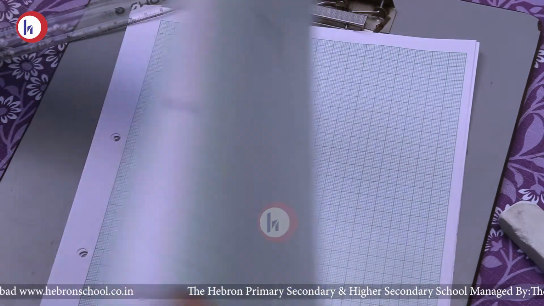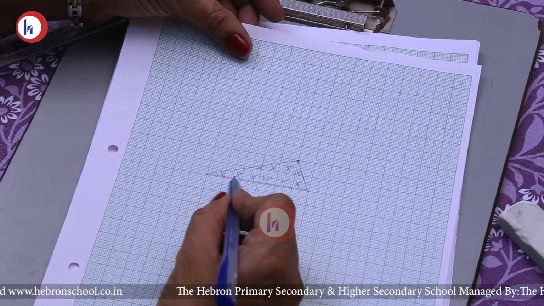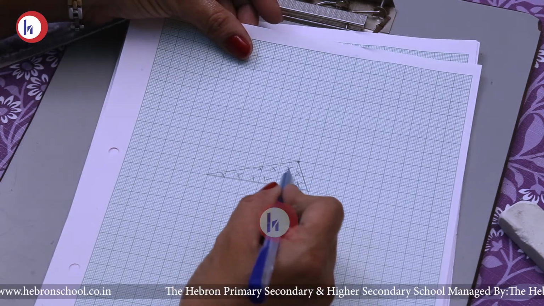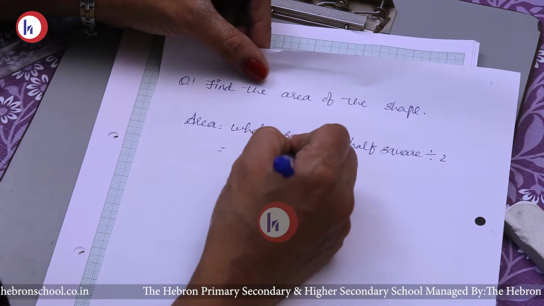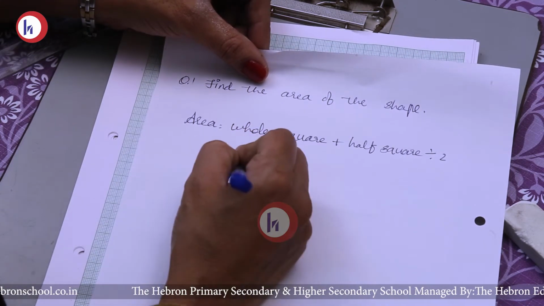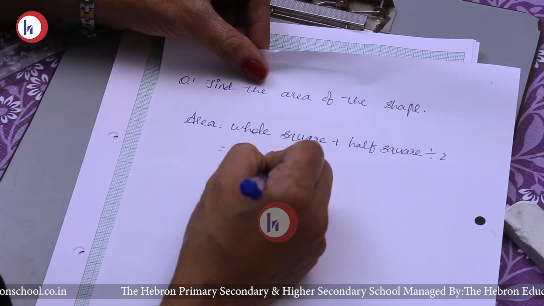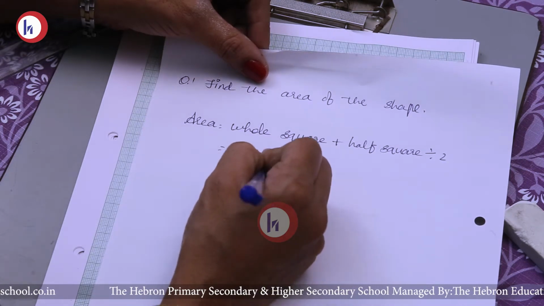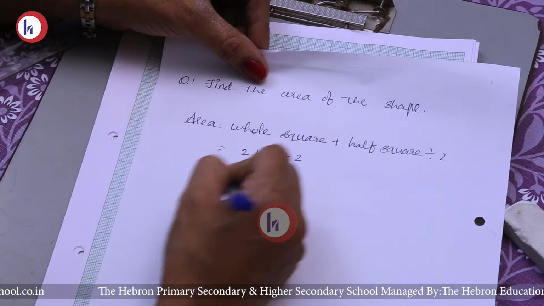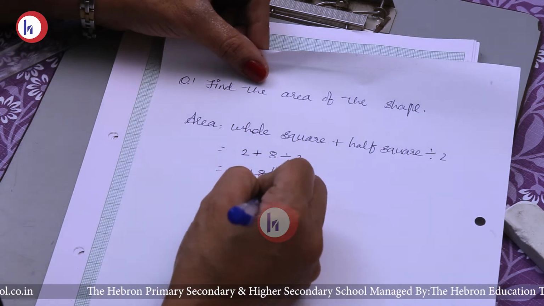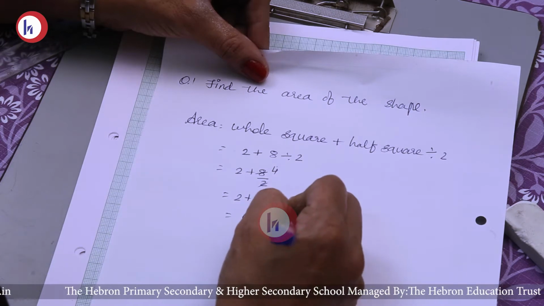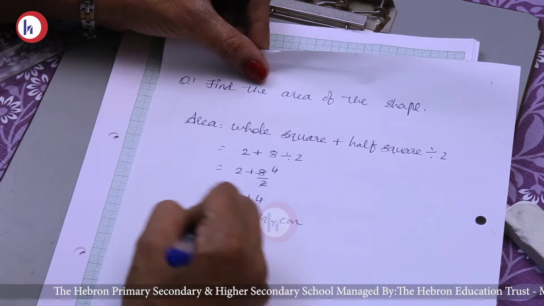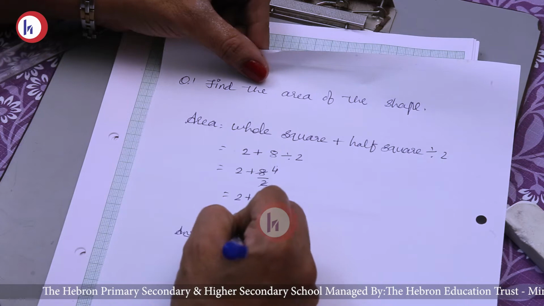And how many halves? 1, 2, 3, 4, 5, 6, 7 and 8 halves. That means 2 plus 8 divided by 2. 2 4s are 8. That means 2 plus 4 is equal to 6 square centimeter. Answer is 6 square centimeter.